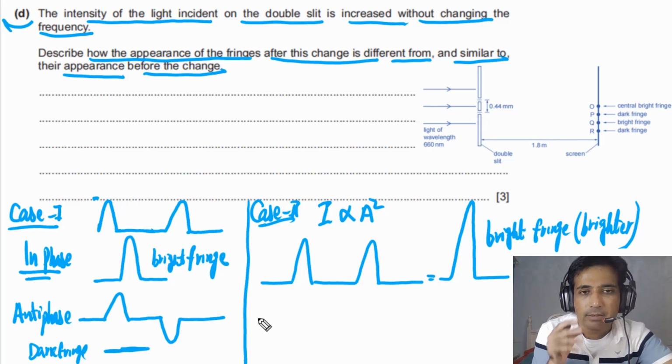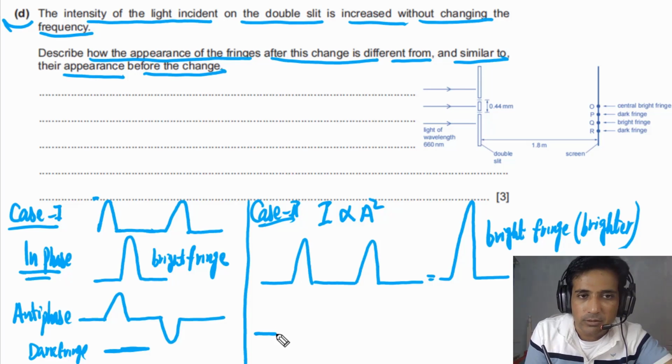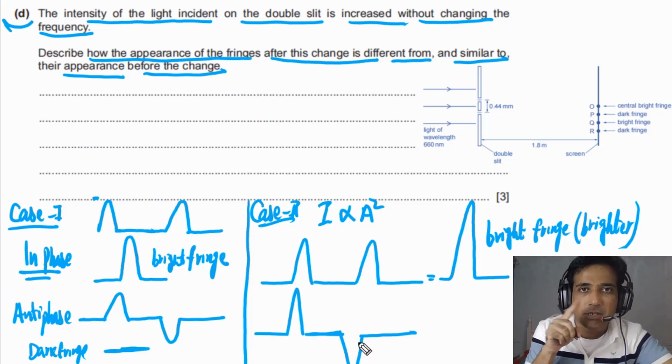Now, if you look at these two waves, when they meet and cancel each other, meaning they are in antiphase, again we can draw. We have one wave with higher intensity, and another wave that also has higher intensity. Again, they have the same amplitude, one positive and the other negative.